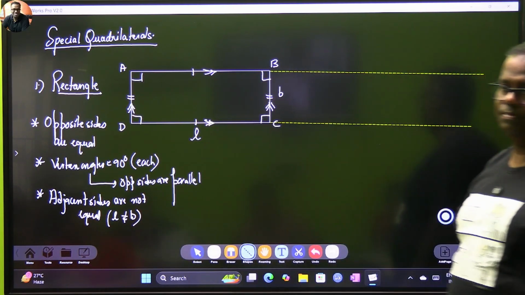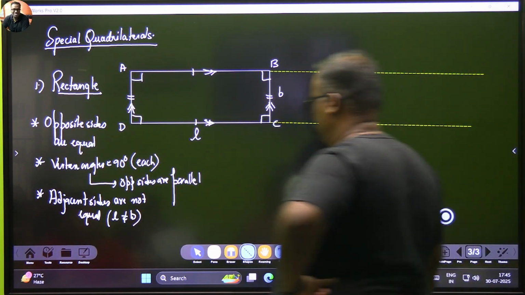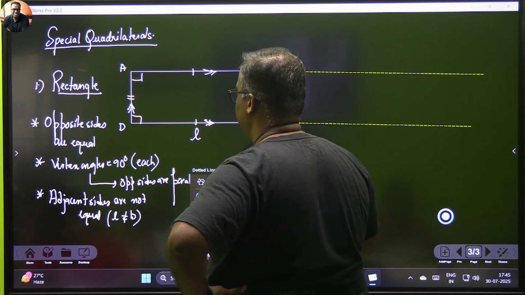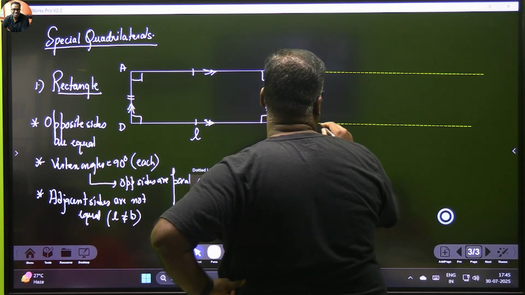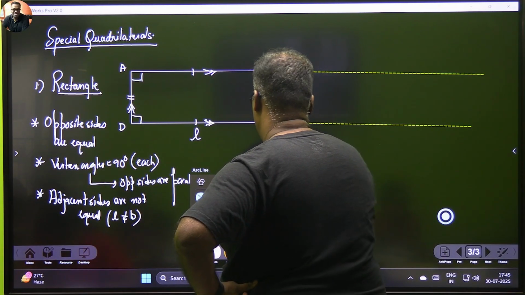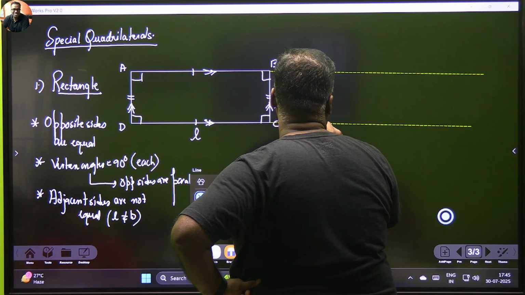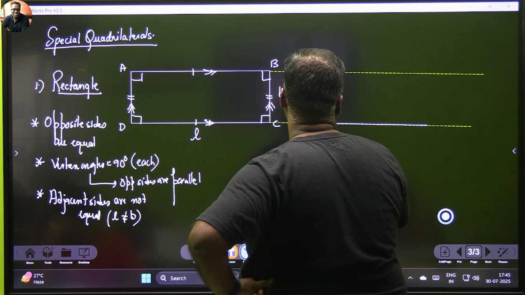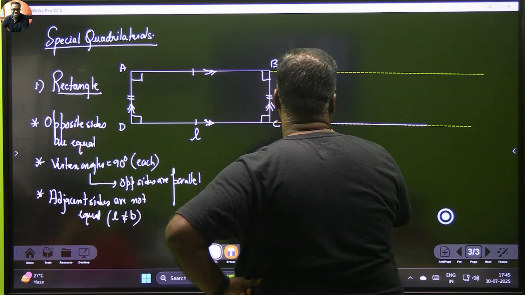Are we fine? Okay. So what happens next is, let's say this is my original rectangle's length. The bottom length was DC, right?